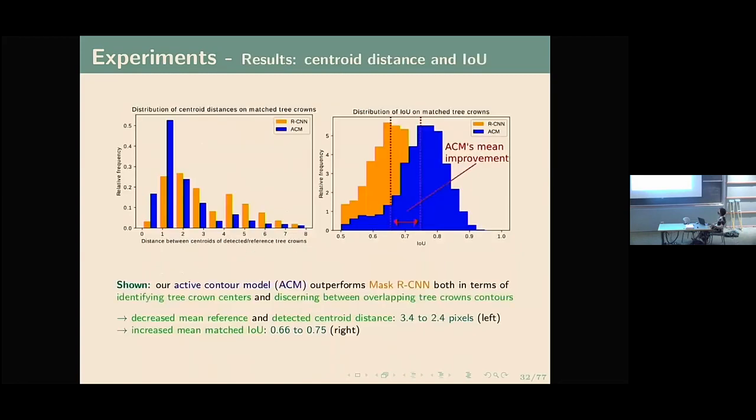So here are some results. The left graph shows a distribution of mean centroid distances for both our contour model, shown in blue, and the baseline mask RCNN, shown in orange. Here, the x-axis is the distance between the inferred contour centroids and the reference centroids, and the y-axis shows the corresponding frequency of each method's respective distances.